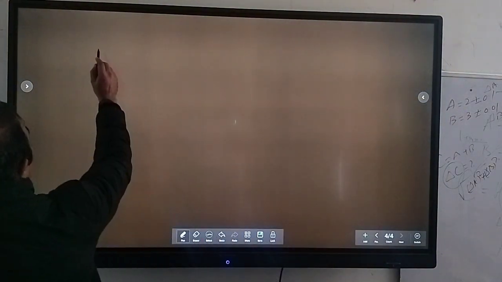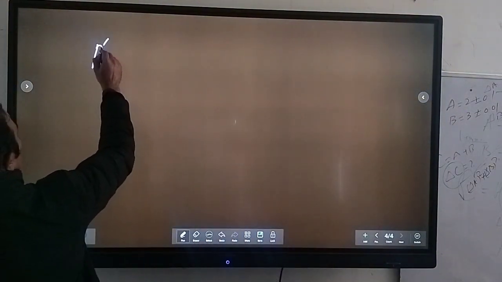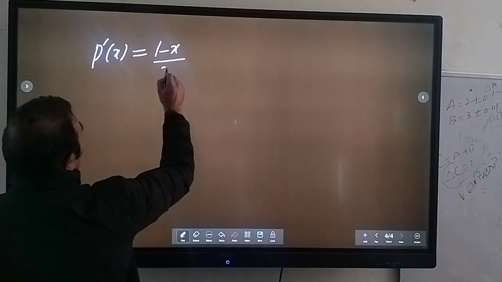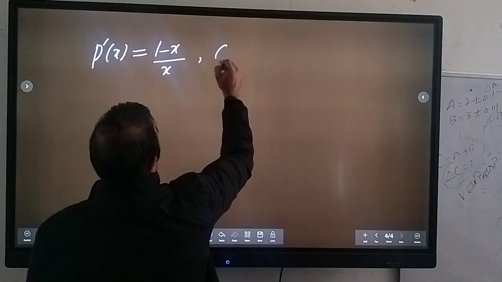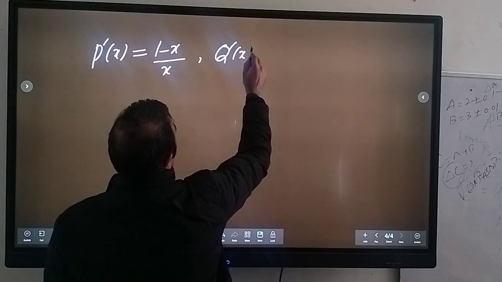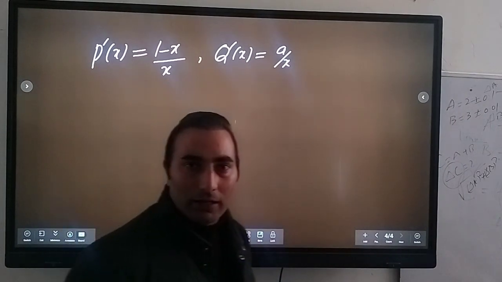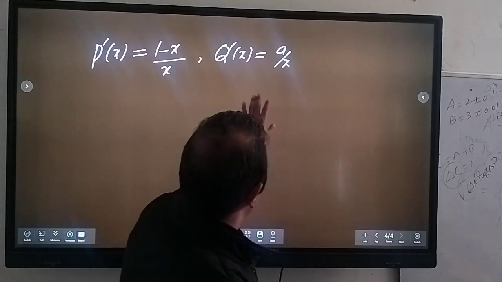So we can write p dash of x and q dash of x, where a is some constant value. Now you need to check those limits.